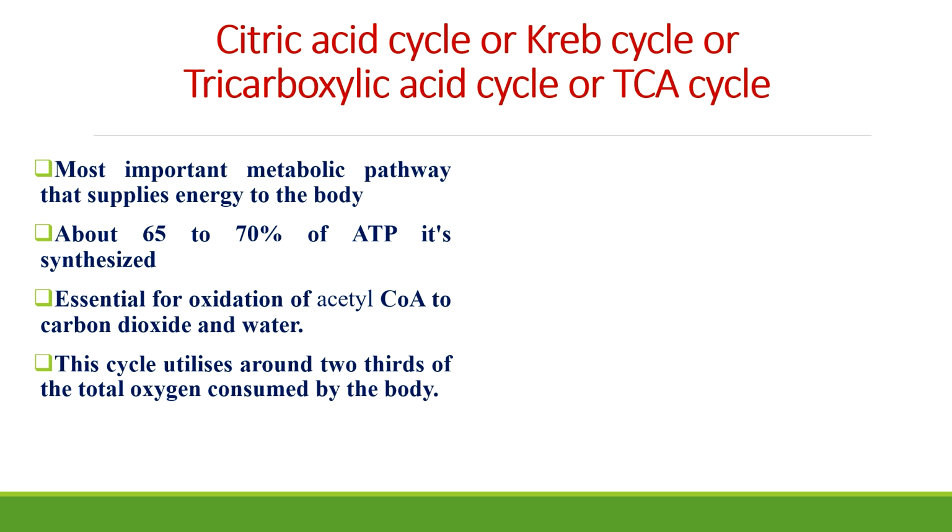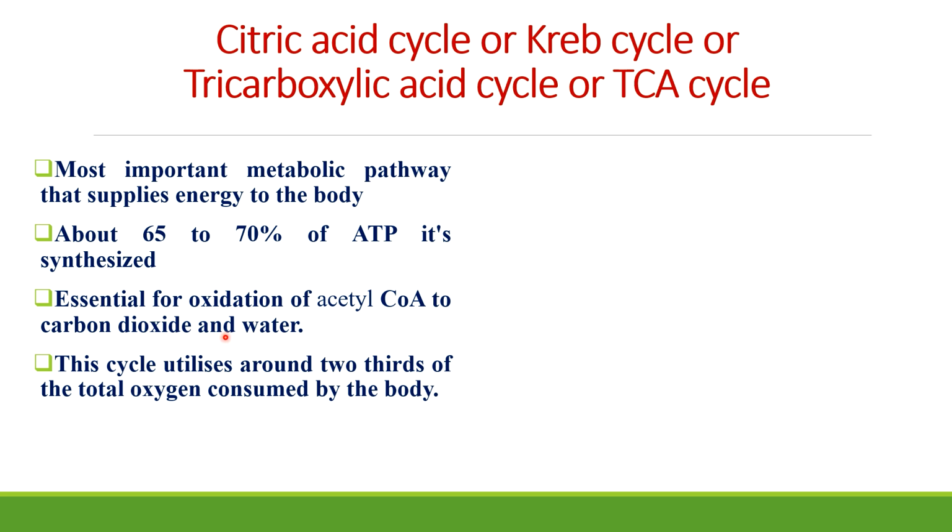The citric acid cycle is also called the Krebs cycle or tricarboxylic acid cycle, or simply the TCA cycle. It is one of the most important metabolic pathways, required for supplying energy to the body. Around 65 to 70% of ATP is produced through this pathway only.